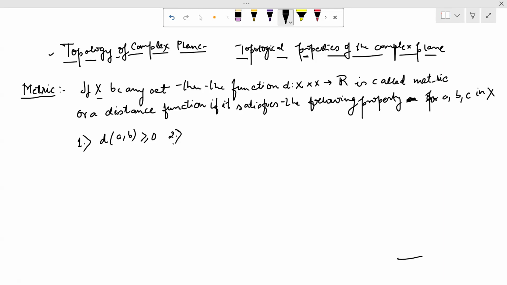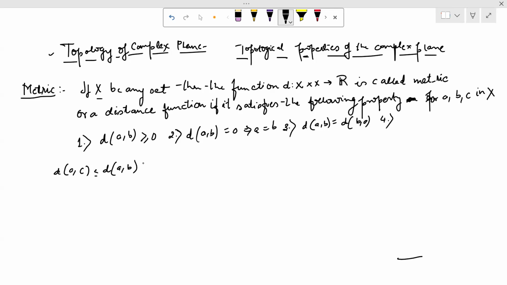The second property: if d(a,b) is equal to 0, then it should imply that a must be equal to b. The third property is symmetry: d(a,b) should equal d(b,a). The fourth property is that d(a,c) is always less than or equal to d(a,b) plus d(b,c).